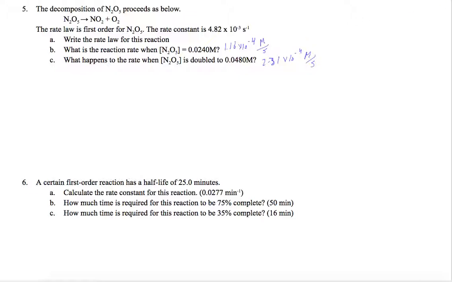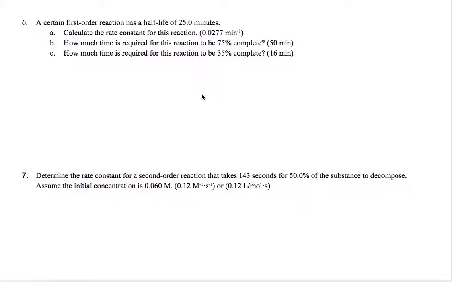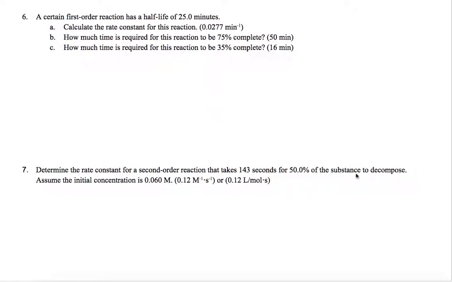All right, number 6 is going to be integrated rate law work. We have a first order reaction with a half-life of 25 minutes. And then we can use that constant that we get to figure out time in the other two equations. Oh, and these are the answers over here. So we have t1/2 equal to natural log of 2 over k, and that's going to be equal to 25 minutes.